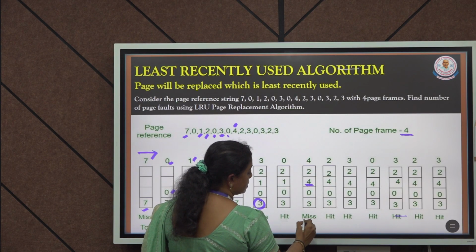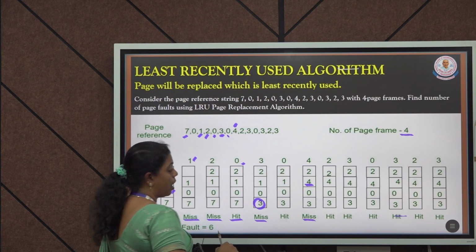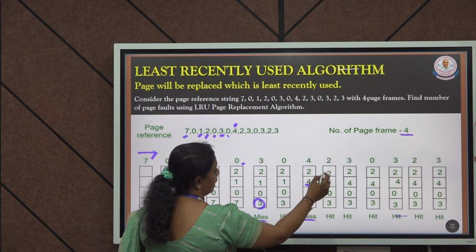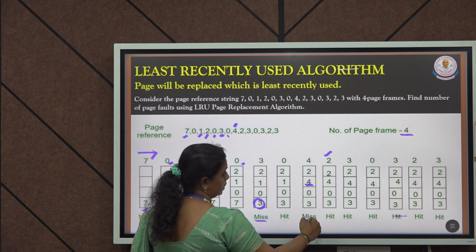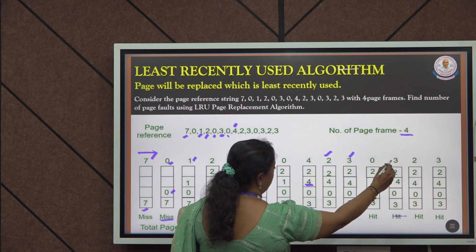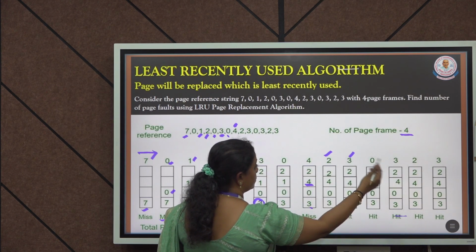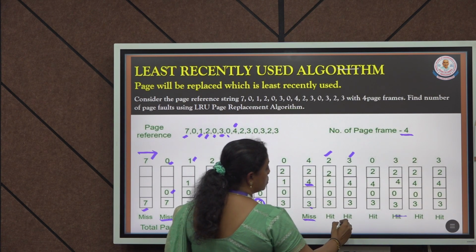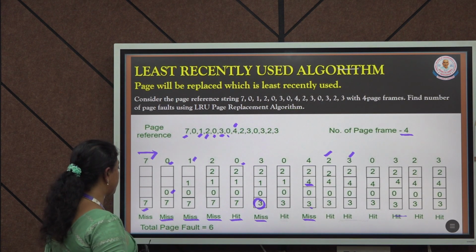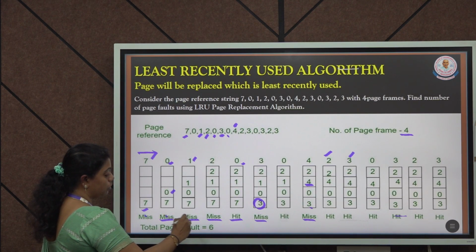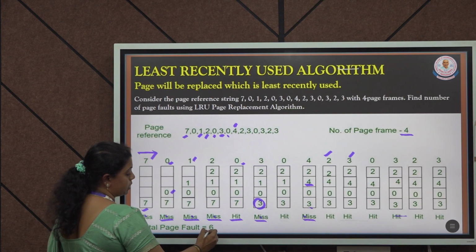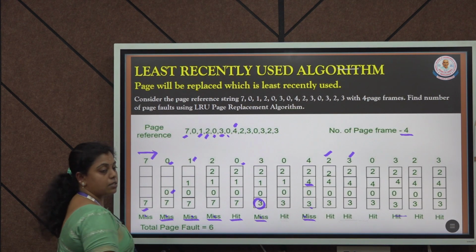So it is considered a page fault or page miss. So move on to the next numbers. We can see 2 is already present in the frame and 3 is also already present in the frame. 0, 3, 2, 3, all these strings are already present in the frame, so it is called a page hit. Counting the number of page faults: 1, 2, 3, 4, 5, 6. So the total number of page faults that occur here is 6.